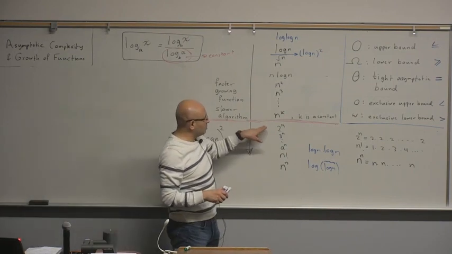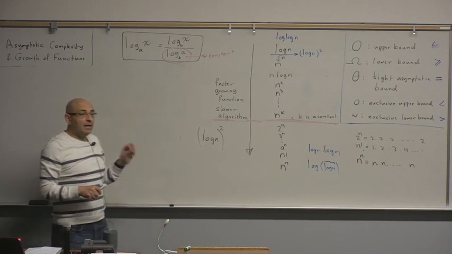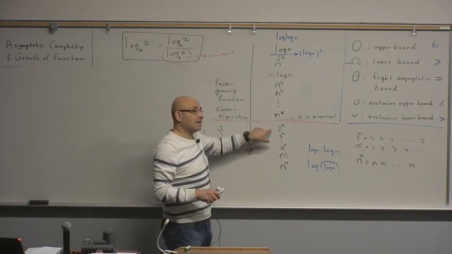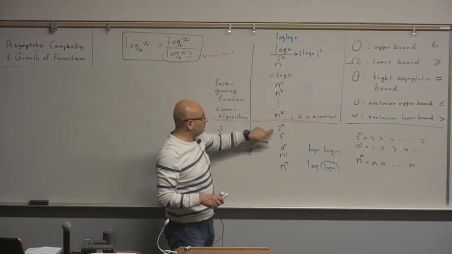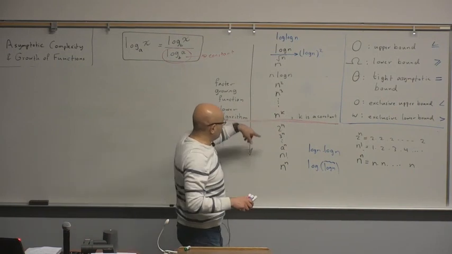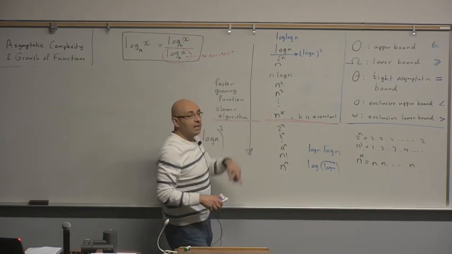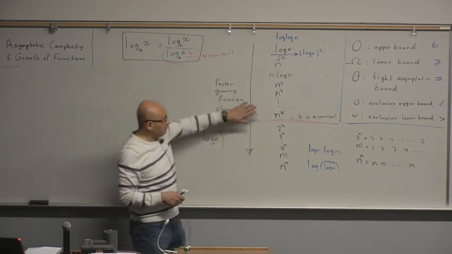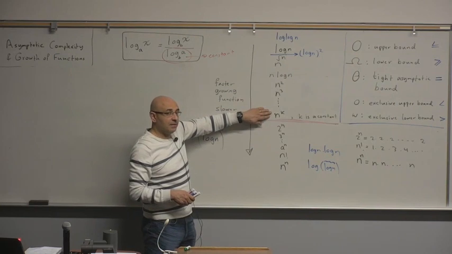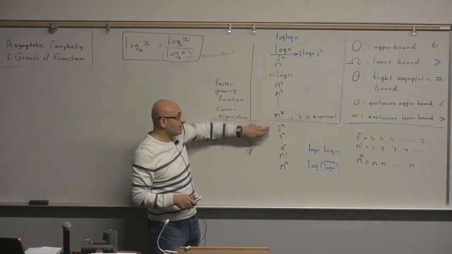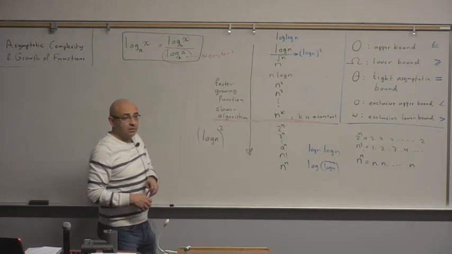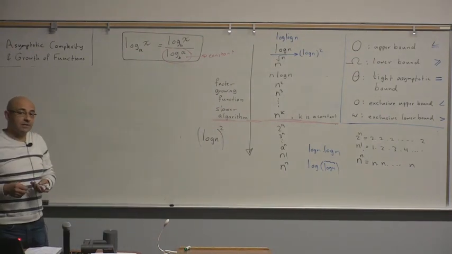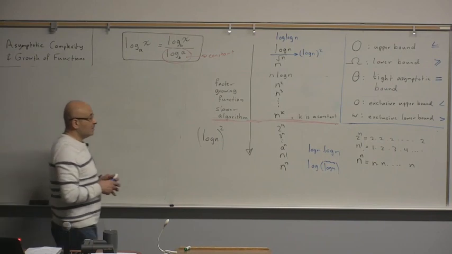Maybe we should also prove that any polynomial is going to be smaller than any exponential. So if we take the ratio between a polynomial and an exponential, what should that ratio be at infinity? 0 or infinity? 0.